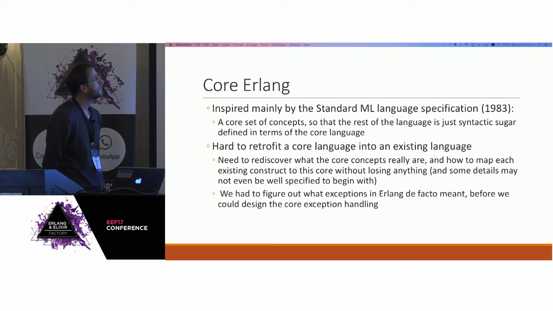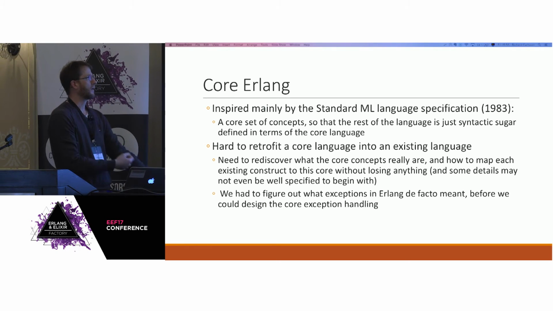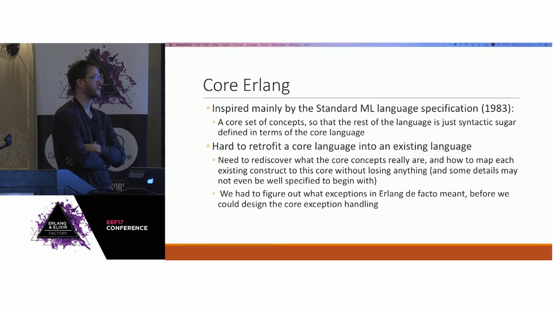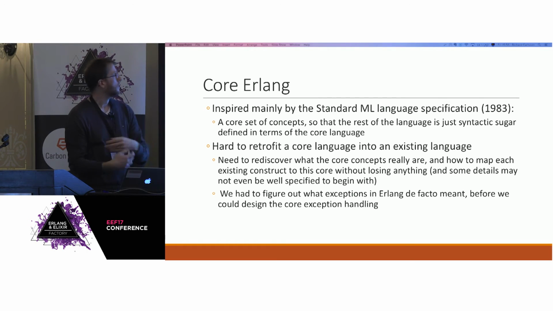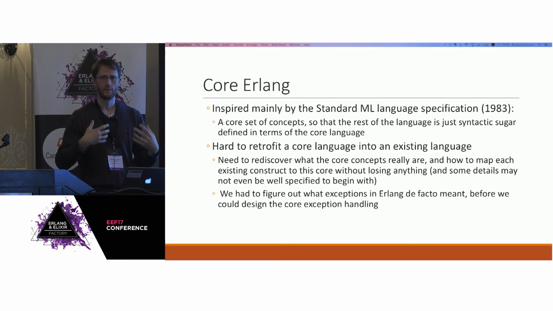After this, we go into core Erlang. Now, core Erlang was inspired mainly by the standard ML language specification from '83, where they used a core set of concepts, meaning that the rest of the language just becomes syntactic sugar. You reduce your language down to the bare minimum and use this bare minimum.